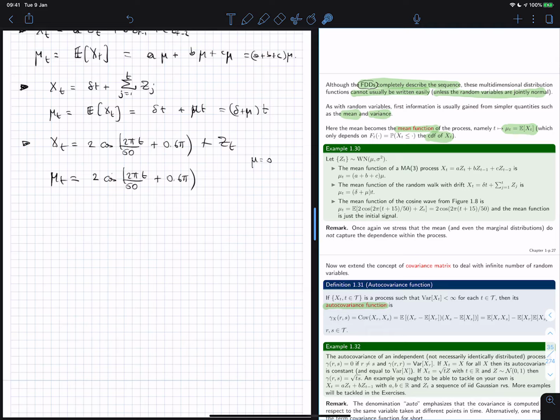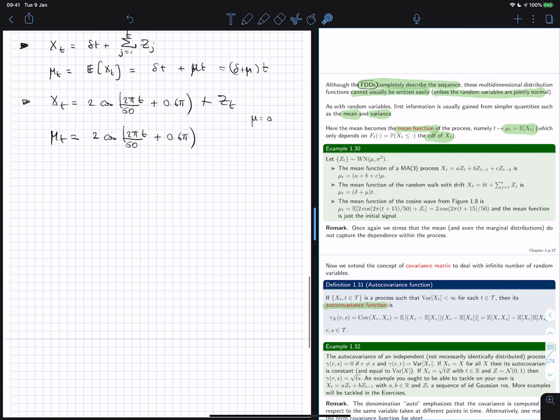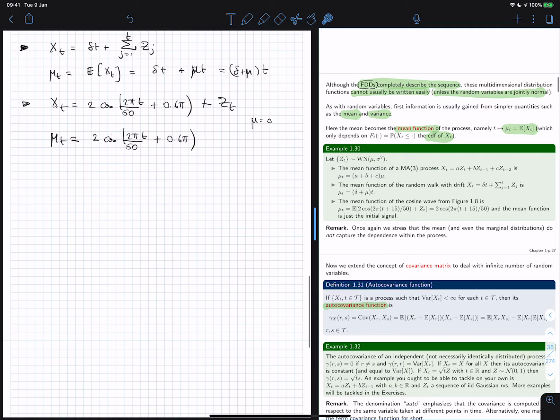And typically in the rest of the course, we're always going to say, let's suppose the process has mean 0, because it's not a loss of generality. From a mean 0, you can extrapolate any mean function simply by addition. So that's the mean function.